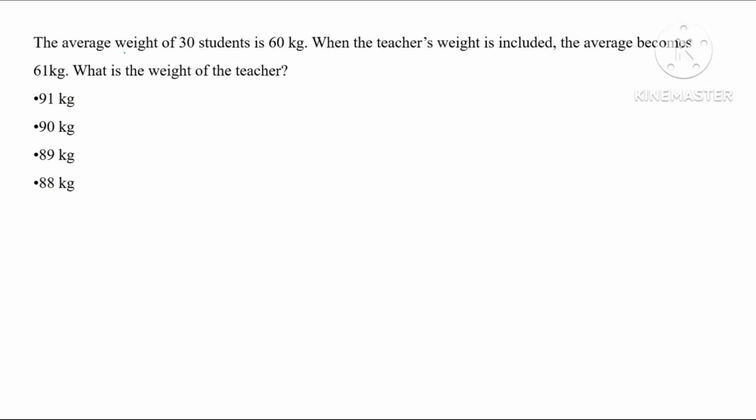In this question, they have given the average weight of 30 students is 60 kg, and the teacher's weight is included. When the teacher's weight is included, the average becomes 61 kg. Then what is the weight of the teacher? Let's think xt is the weight of the teacher. Let x1, x2 and x3 and so on up to x30 be the weights of 30 students.